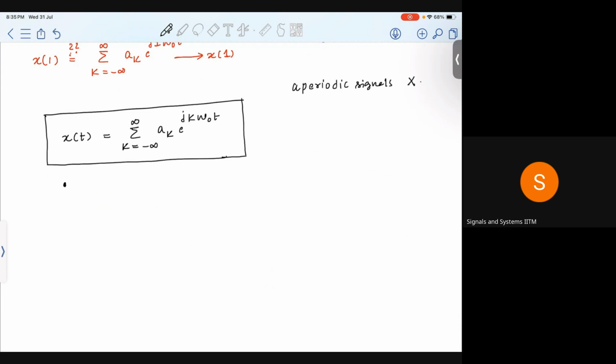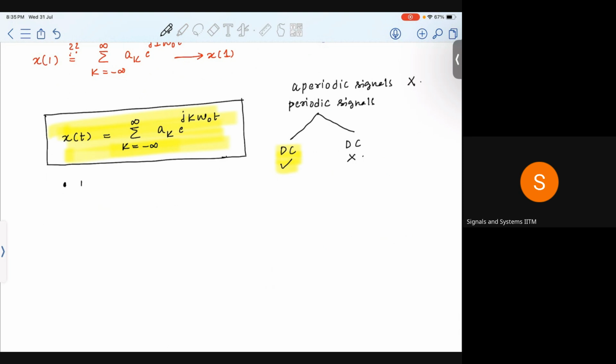In periodic signals, we have some signals which satisfy Dirichlet's conditions and some signals which do not. For the signals which do not satisfy Dirichlet's conditions, this is not a valid representation. Only for the signals which satisfy Dirichlet's conditions, the sum we are writing on the right hand side is a valid representation. And what are those conditions that you can verify?